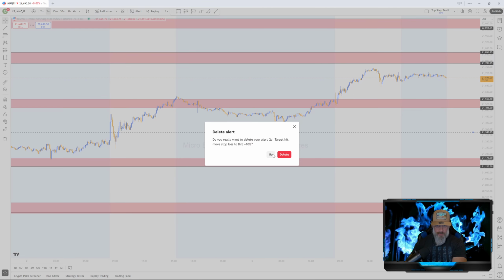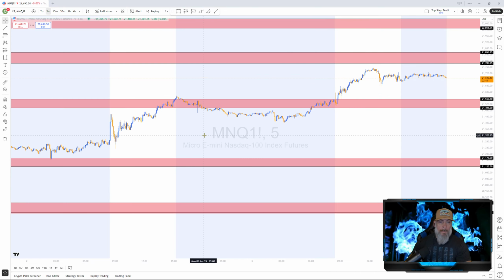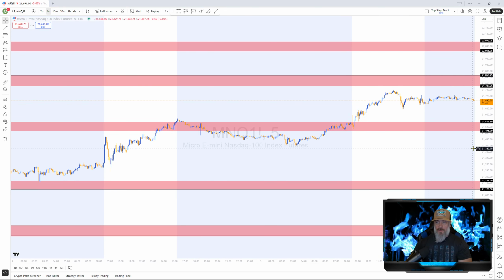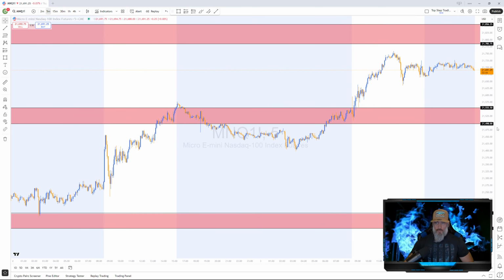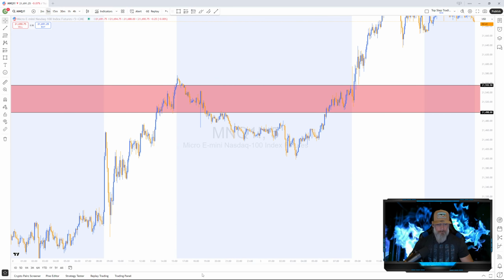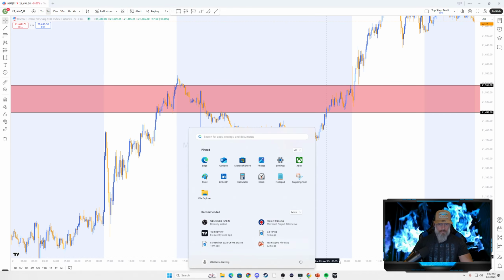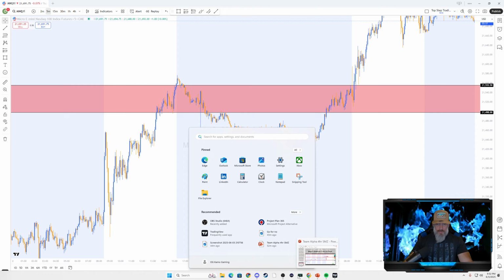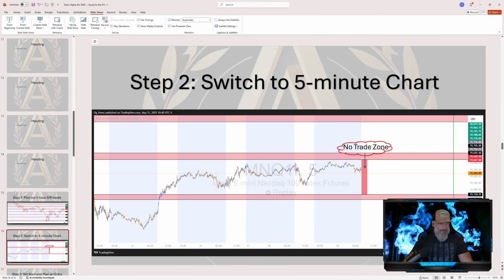We can go and delete that, I don't need that anymore. Before I go into position sizes, we're going to just focus on the entries.